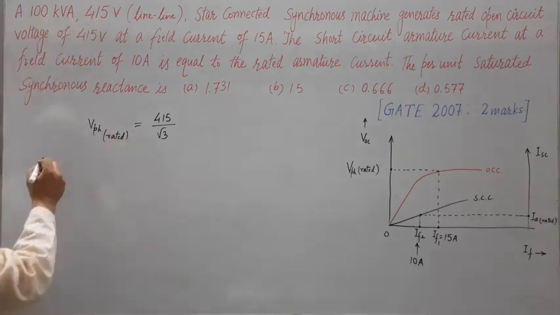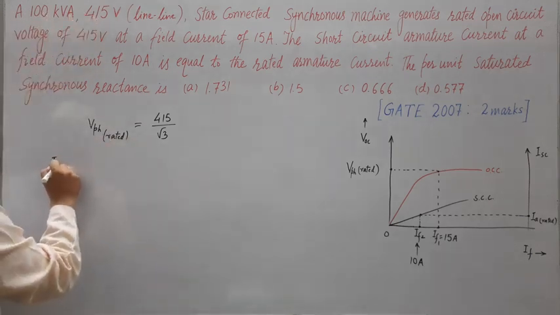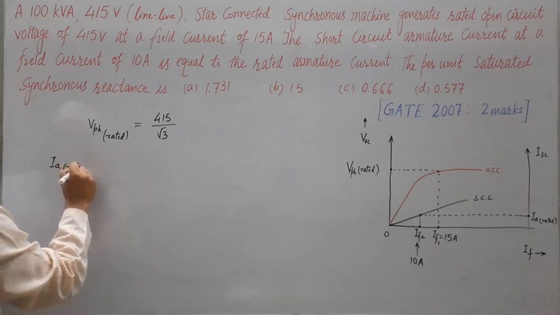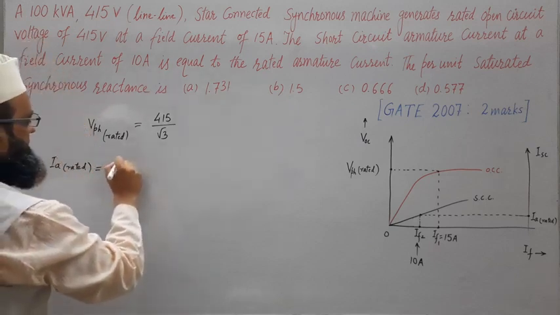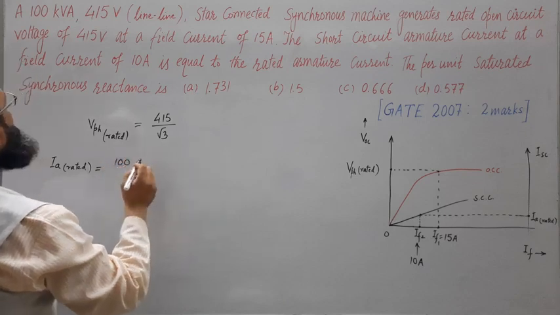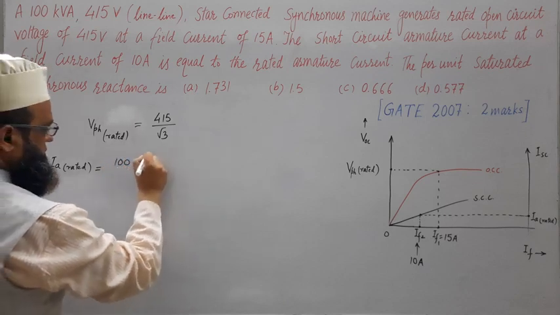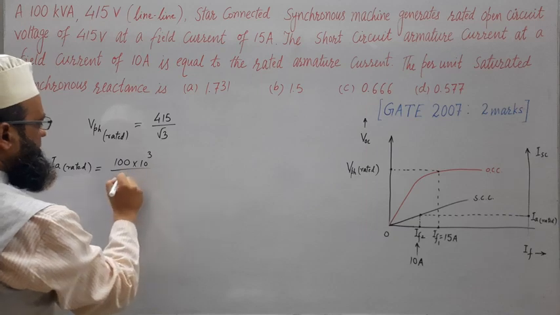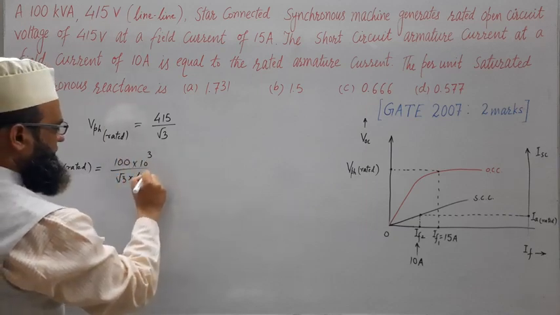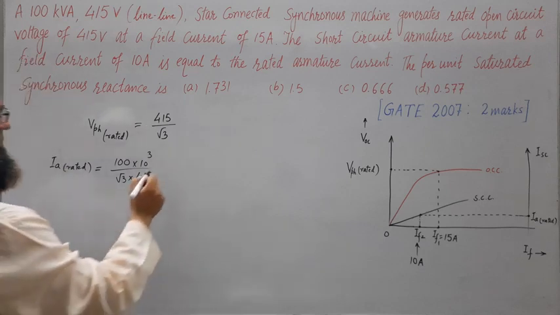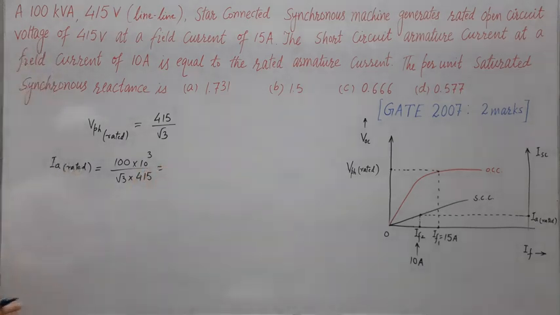We know that IA rated may be written as capacity, 100 kVA, upon root 3 into line voltage, that is 415 volt. So whatever it comes out to be, we know IA rated.